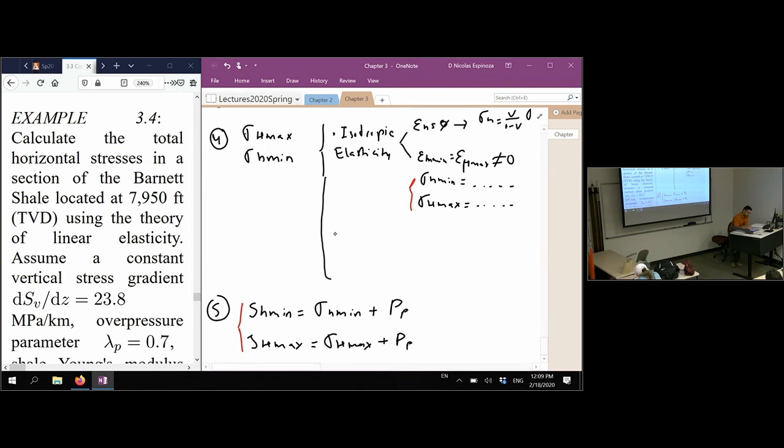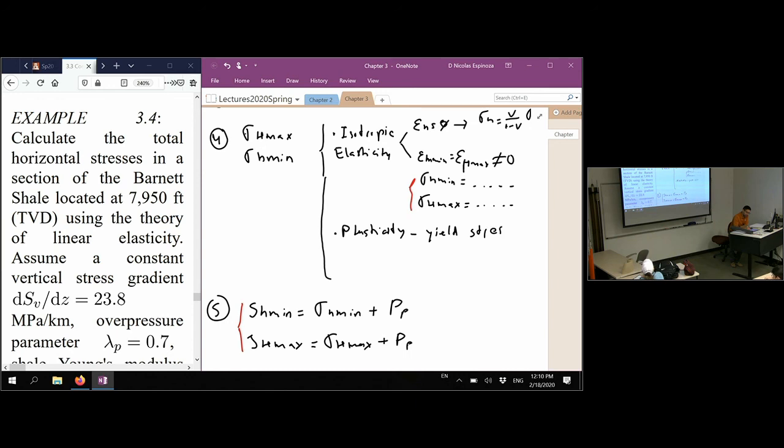I'm not going to get into detail about this right now, but later on when we get to talk about faults, we'll talk about another method to determine horizontal stresses that involves the concept of yield stress. That's related to plasticity instead of elasticity.